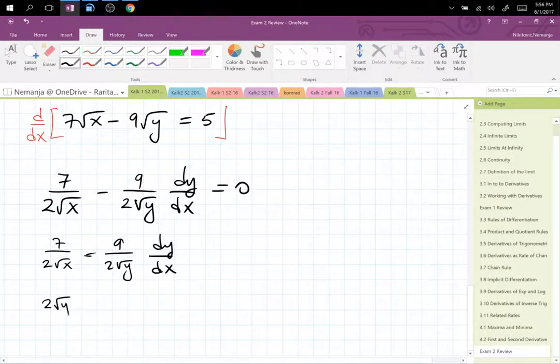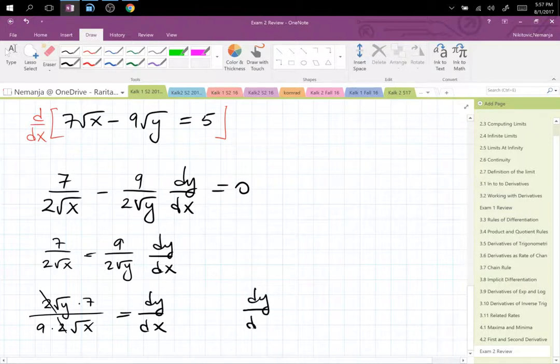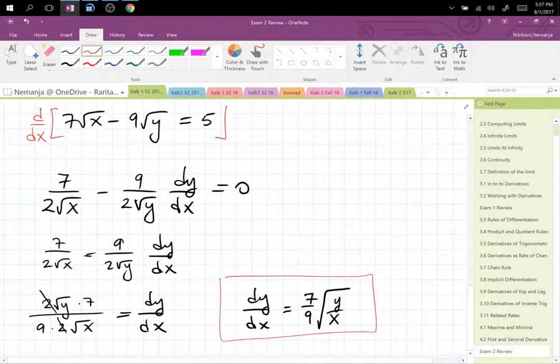So 2 root y times 7 over 9 times 2 root x is dy/dx. The 2's cancel. So you can just say dy/dx is equal to 7 over 9 times the square root of y over x. Or you can rationalize x. It doesn't matter. This is one of the forms of the answer.